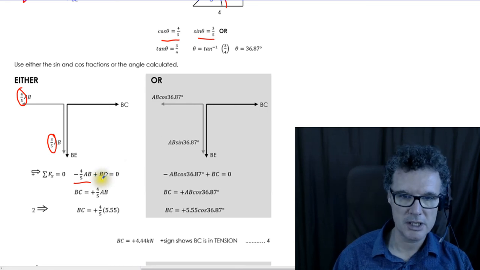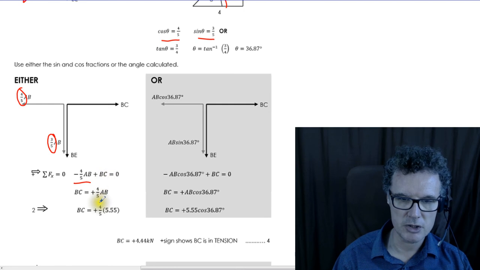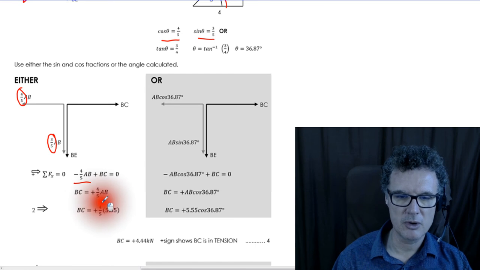Then I've got BC pointing left to right. Let's rearrange this. Actually, sorry, I'll take this all back. Resolving in the x or y direction makes no difference. Apologies. So rearrange this, and we've got BC equals 4/5 AB.